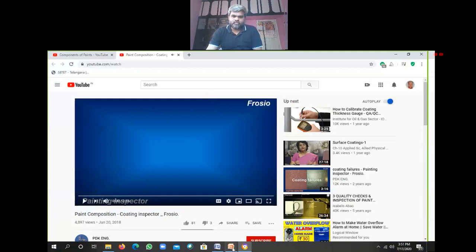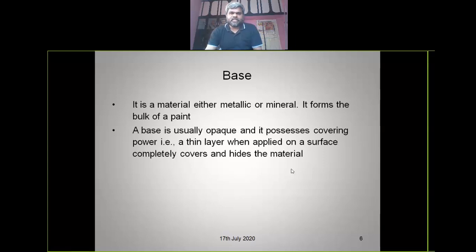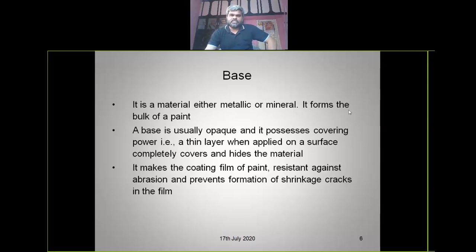This is about the different constituent parts of a paint. Base is a material, either metallic or mineral. It forms the bulk of a paint. The base is usually opaque and possesses covering power; when applied as a thin layer on the surface, it completely covers and hides the material, like plastering.